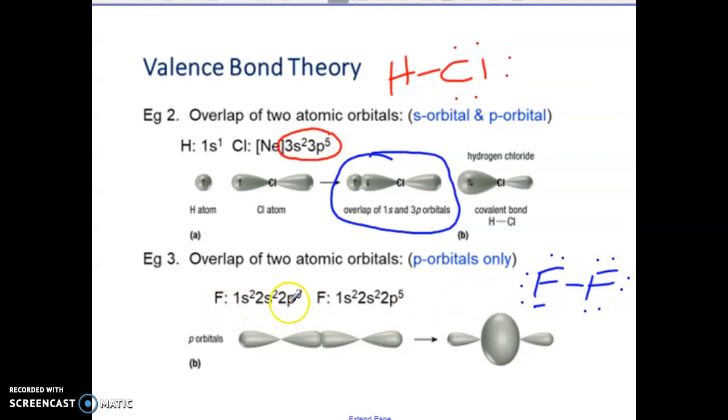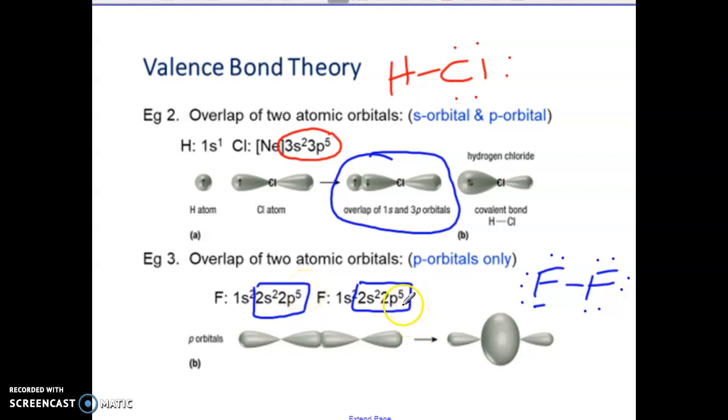If we look at the fluorine atoms, really the valence shell is the second energy level. Each fluorine has 7 valence electrons, but the only one that is able to overlap is a 2p, because it has a full 2s, 2 full 2p's, and 1 2p that is half filled.